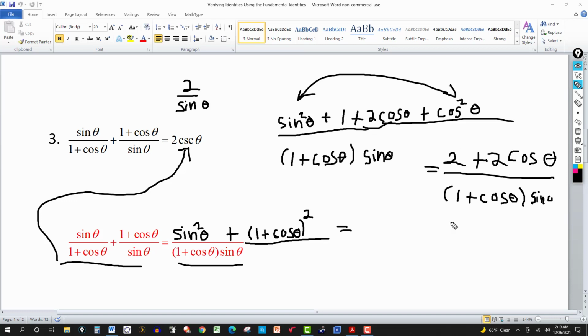Now, I mentioned that we somehow had to cancel this 1 plus cosine theta in order to wind up with this over here. Well, factor 2 out of the numerator. That gives me a 1 plus cosine theta over 1 plus cosine theta, parentheses, sine theta.